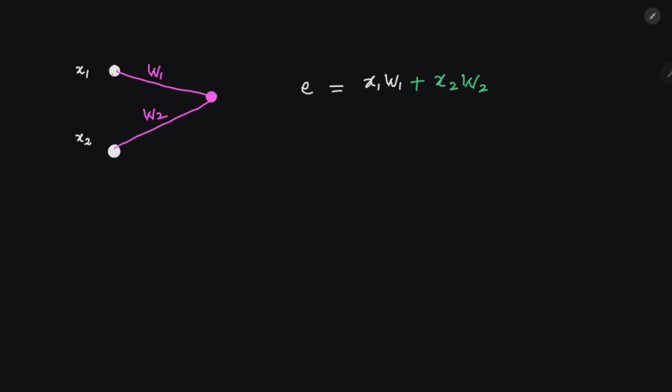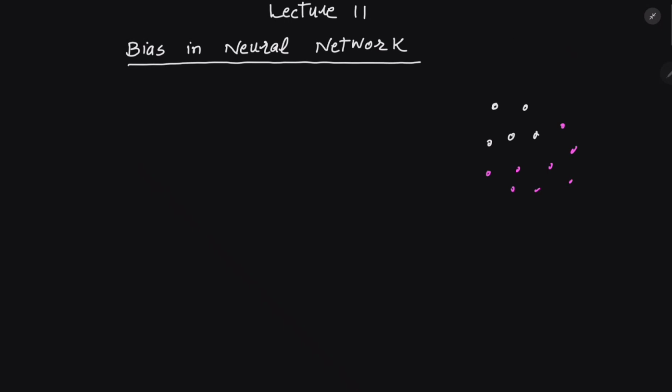So what we do, we add a bias term over here. So in fact, you change the position of your line. This is not a line; in neural network, we don't have a line.